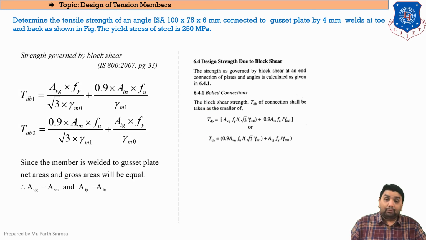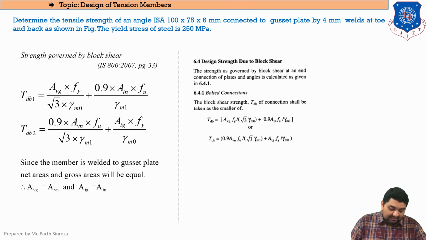So TDB1, TDB2, but again keep in mind, dealing with welded sections is very easy as compared to bolted connections, because in bolted connections there are holes being drilled out, and whenever holes are drilled out, there is a difference in the gross area and net area. But whenever we are dealing with a welded connection, there is no need to drill any holes, so the gross area and net area will be the same.